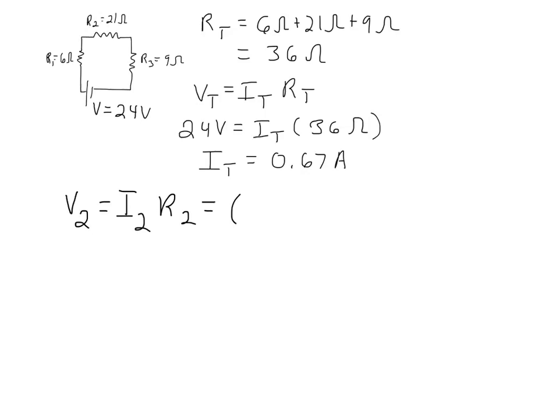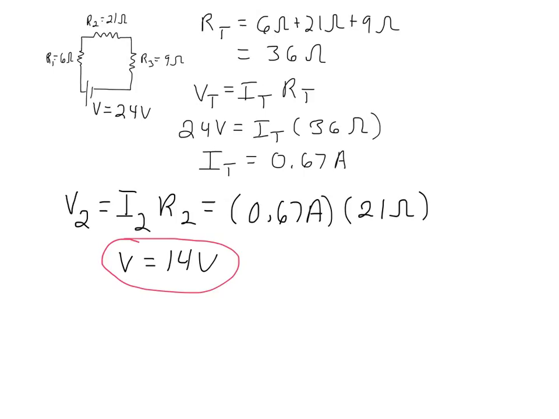That equals 0.67 amps times the resistance of R2, which is 21 ohms. When we solve that, our voltage across R2 is 14 volts. So the answers to this problem: the voltage in R2 is 14 volts, and the current in R2 is 0.67 amps.